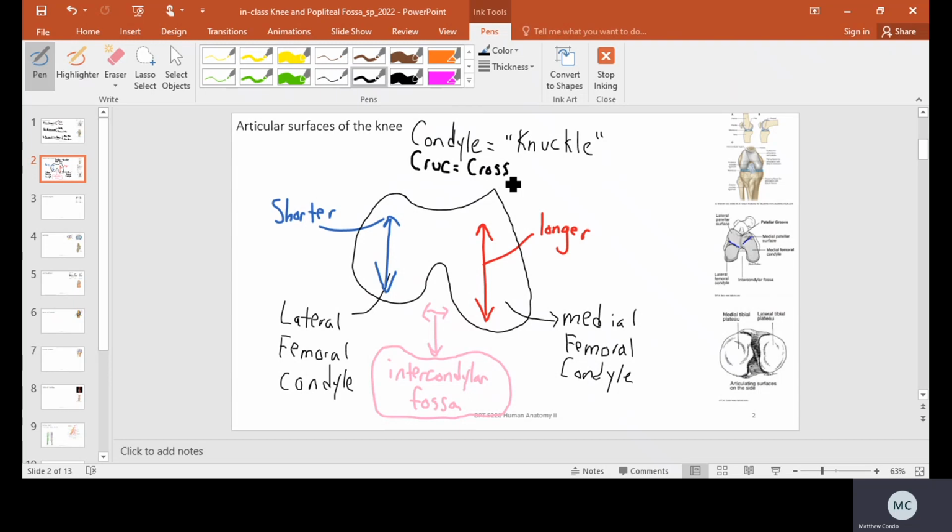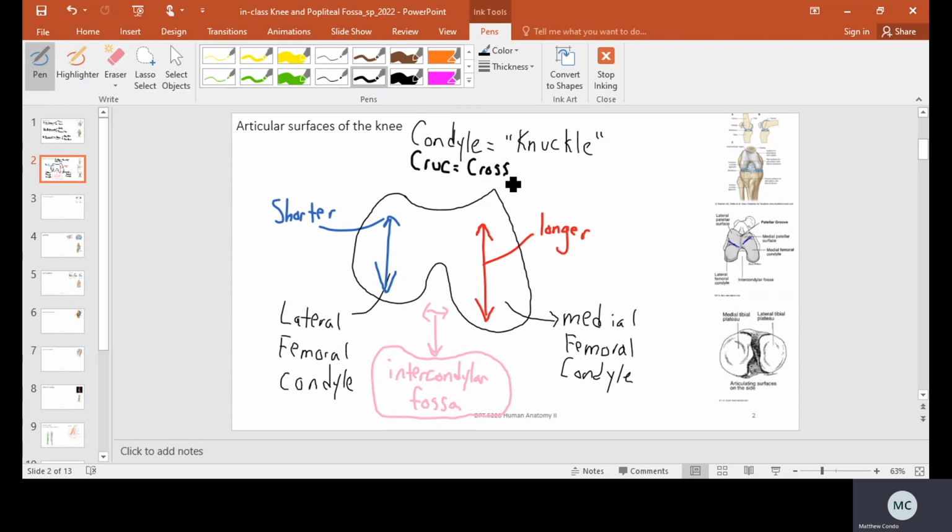When you guys get into diagnostic imaging next year, knowing exactly where those ligaments attach both to the tibia and the femur is going to be really important, because you're going to hear and you're going to read something called an empty medial notch or an empty lateral notch.